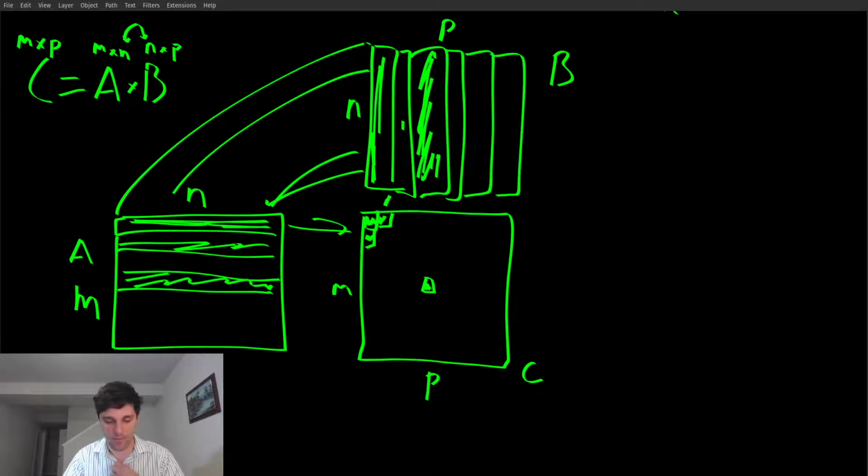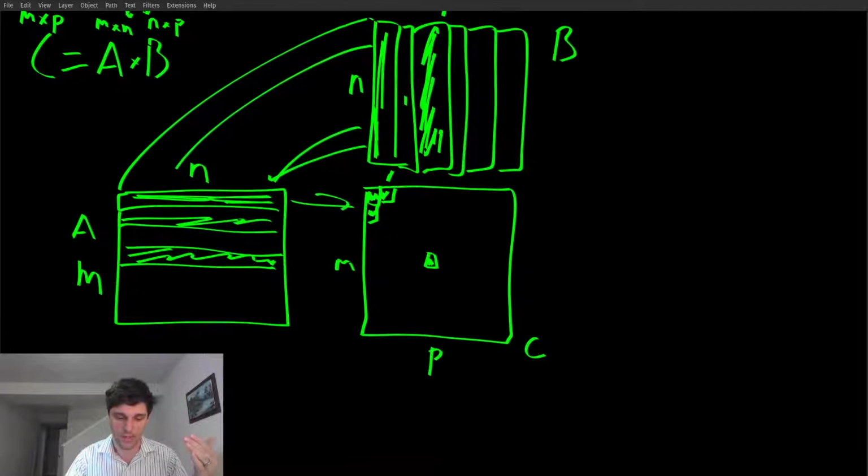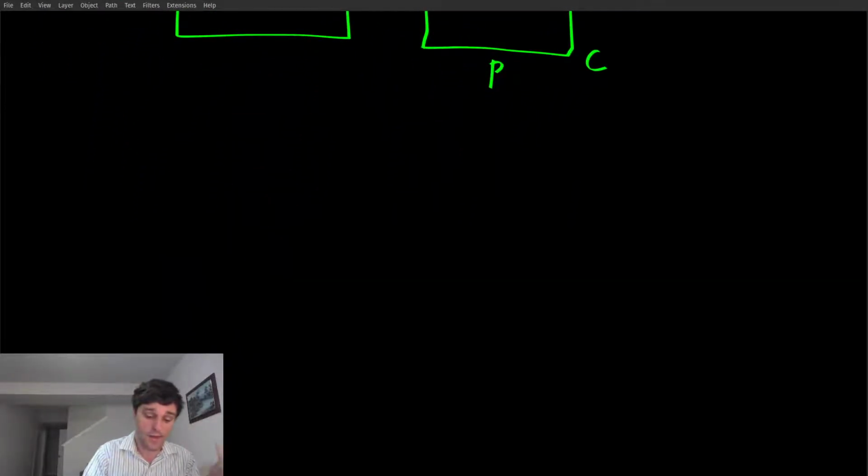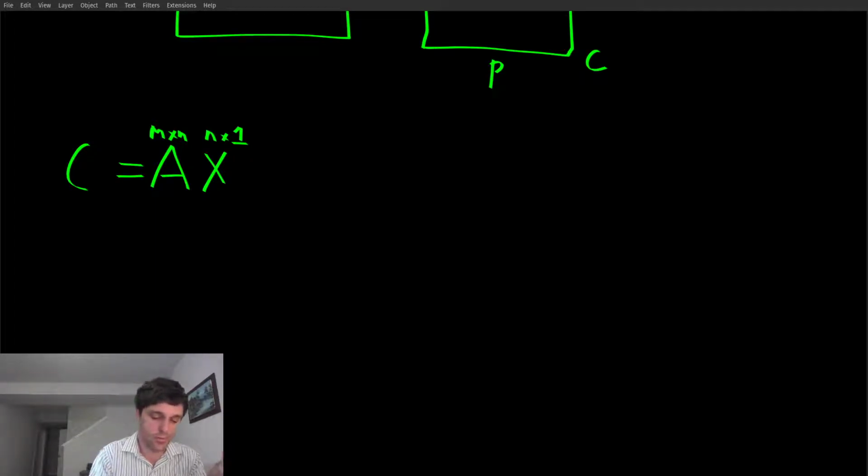And we can see some special cases of this that will help us familiarize ourselves. One that I already mentioned is matrix vector multiply. Matrix vector multiply is exactly the same as matrix multiply, but imagine now that x is an n by 1 matrix, and A is the same as before, m by n. Following our rule here, we know that C should be m by 1. And that makes sense with our definition.